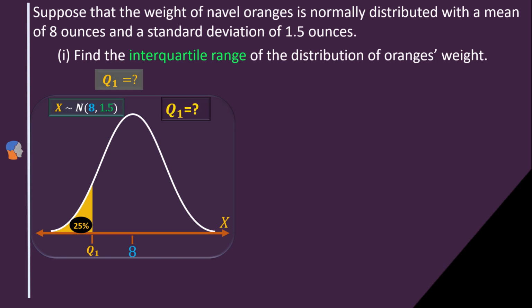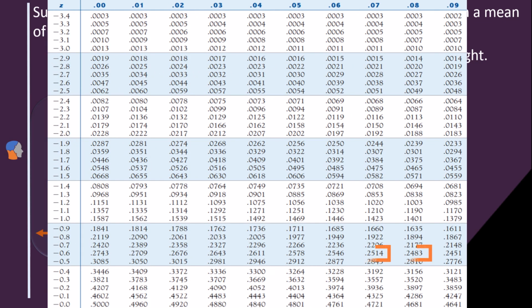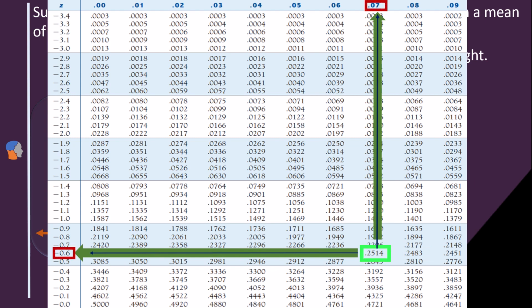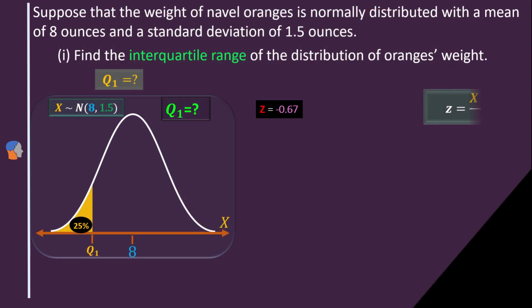So we can directly go to the table and look for the number 0.2500. We know 0.2500 must be between these two numbers. Select the closest one. Then find the corresponding z value. That is negative 0.67. That is the z value for Q1 from the table.